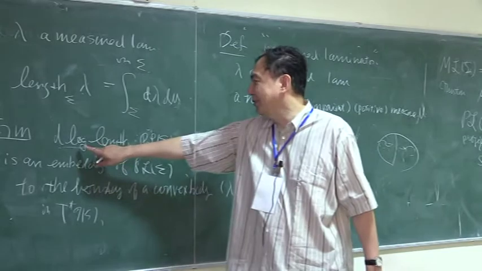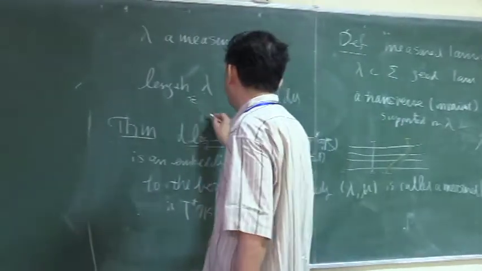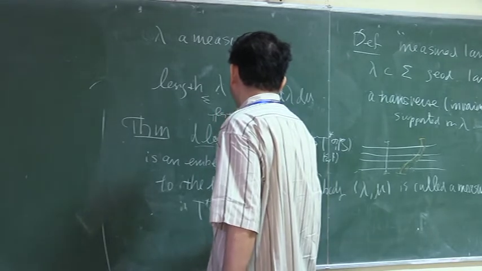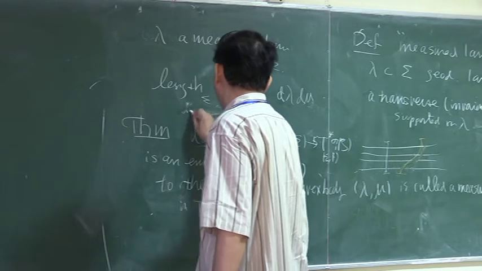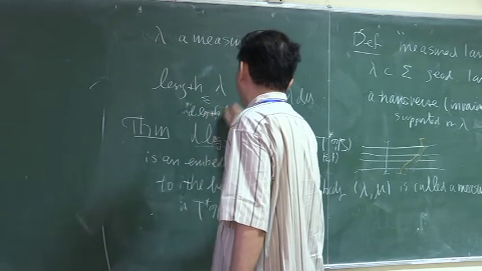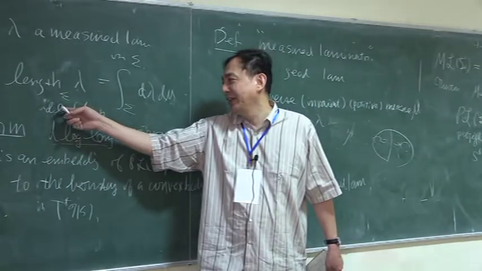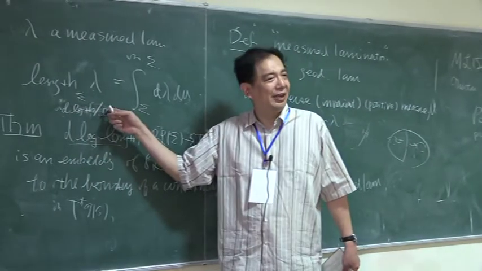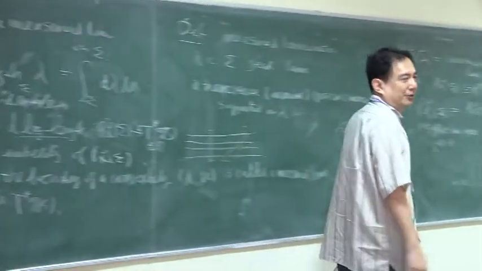But if you consider the log of the length, so the d of the log of length is equal to d length divided by length. So if you put a scalar here, it's cancelled with the scalar here. So this is well defined on the projective lamination space.